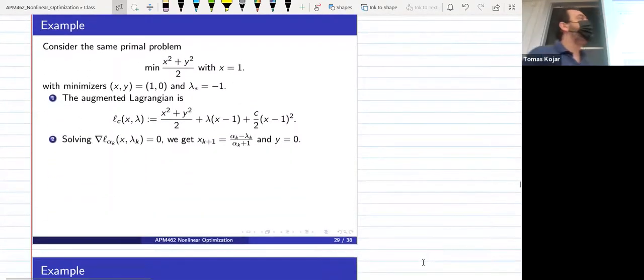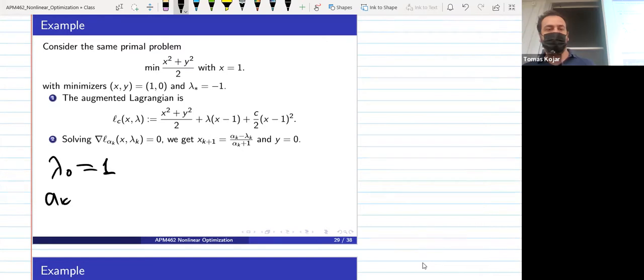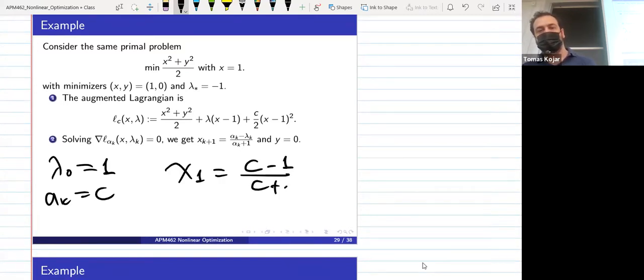And when you set it to 0, you find a relation of x k plus 1 with the previous step. Okay, so let me do it slowly. Pick lambda 0 to be 1. Take all the a k's to be constants, c. Okay, and then you just get that x1 is equal to (c minus 1) over (c plus 1). Okay, that's all.